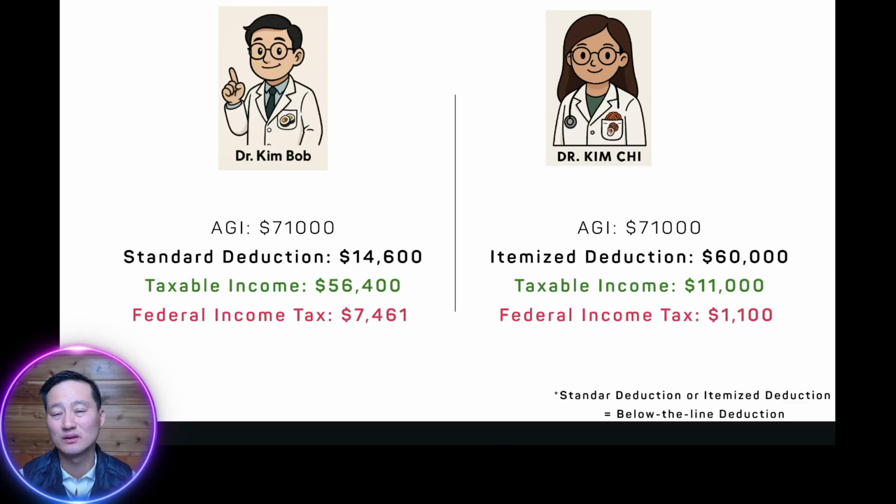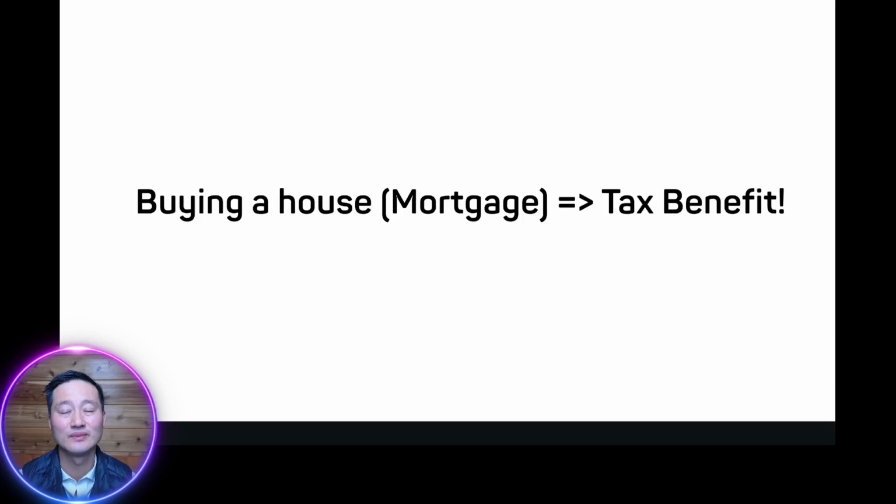As a result, her tax bill was only just over $1,000. So Dr. Kimchi paid roughly $6,000 less in federal income tax compared to her brother, because Dr. Kimchi understood how below the line deduction worked. She took full advantage of it.